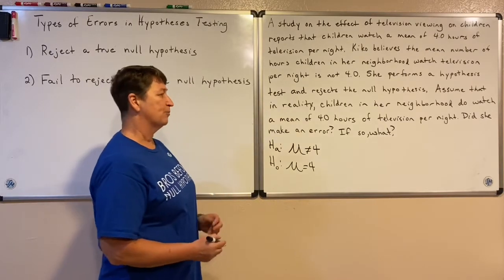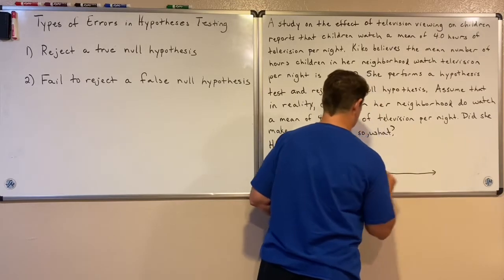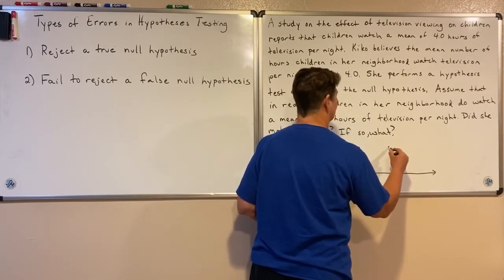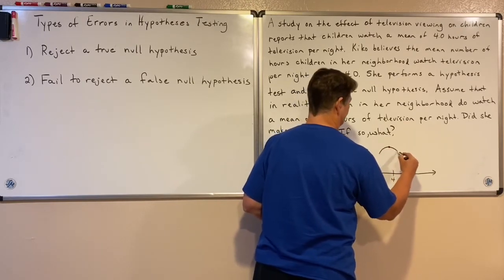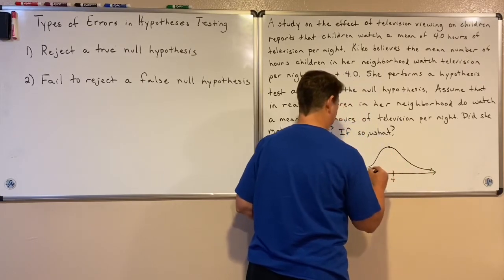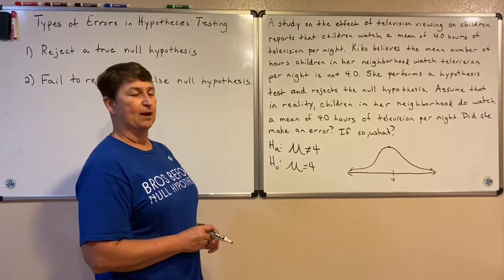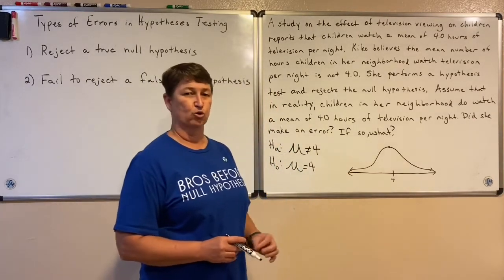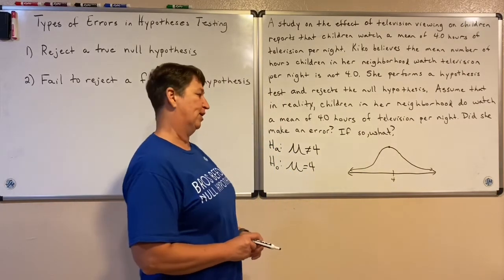Then she goes out and performs a hypothesis test. Again, we know that the sample mean she's going to collect, assuming she gets a simple random sample of at least 30 kids in her neighborhood, will be part of a sampling distribution that should be approximately normal with a mean the same as the population parameter.